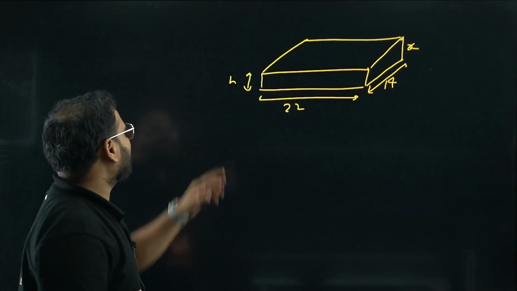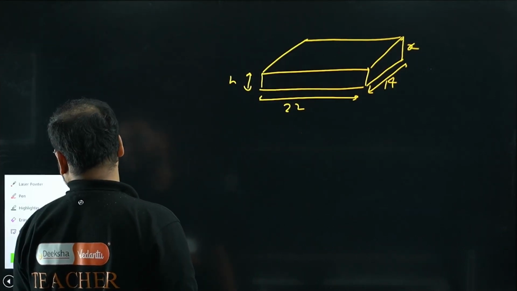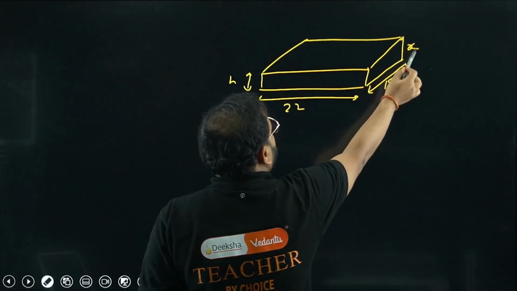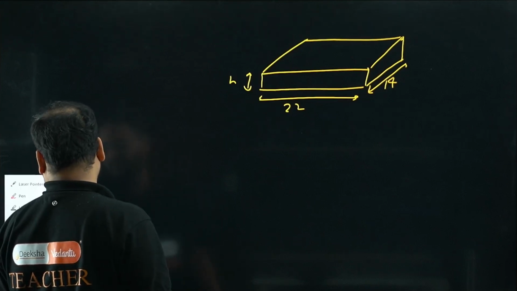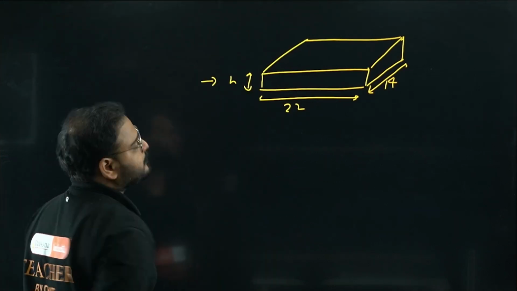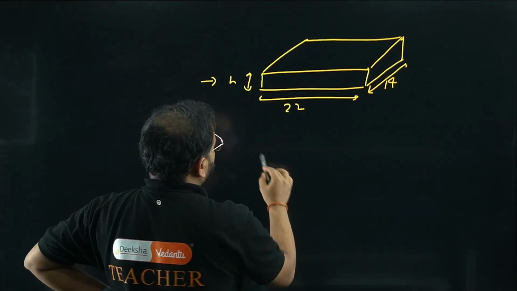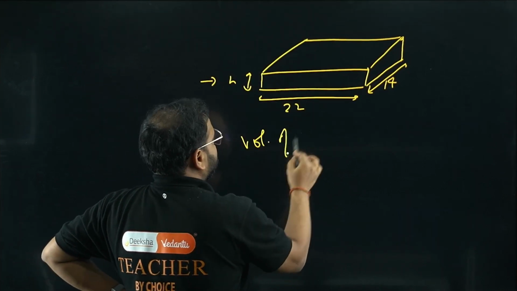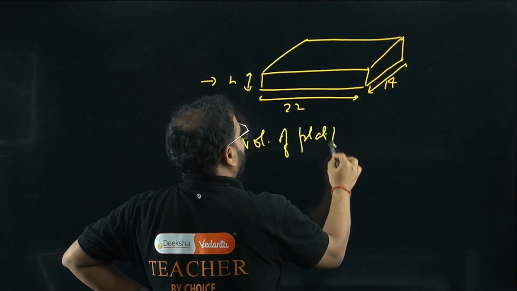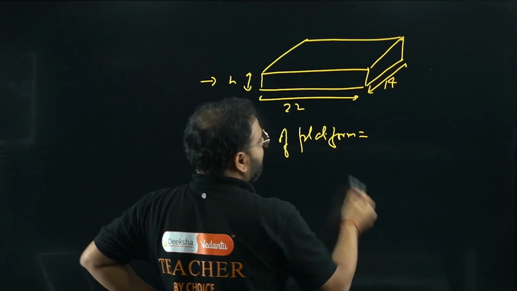Why x, sir? I've already taken h over here, so why take x again? So if I have to find this volume, what is the volume of the platform? Length into breadth into height.